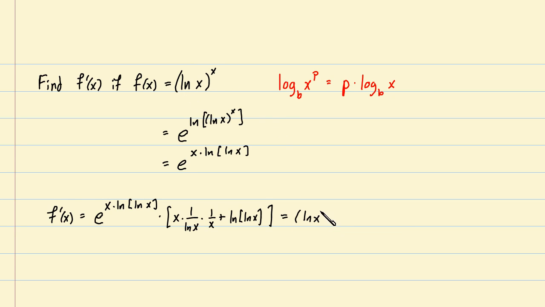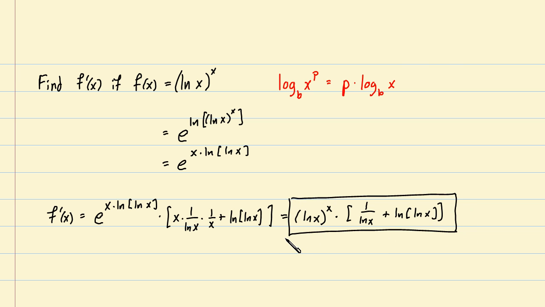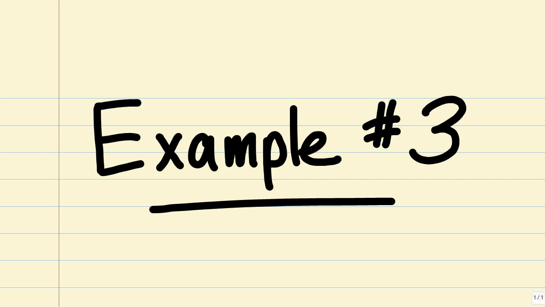So let's write that down, and then times, we just do whatever we can to make this a little bit clearer. Notice here the x's cancel, and we're left with 1 over ln of x plus natural log of ln of x. And we are done. That is our final simplified derivative, f prime of x, if that's f. That's it.